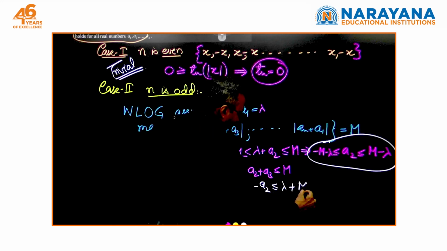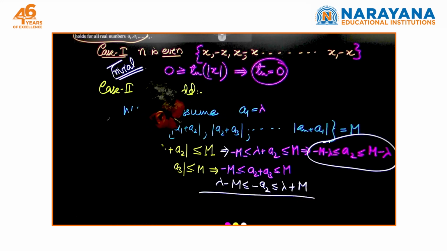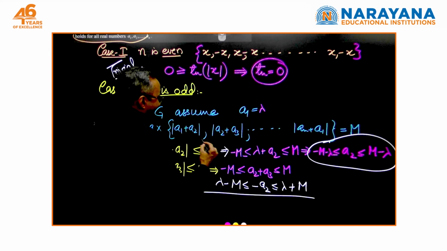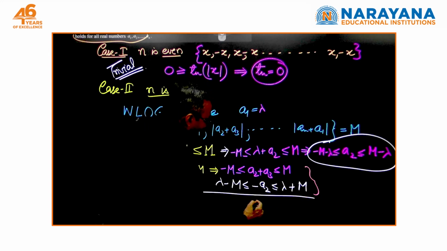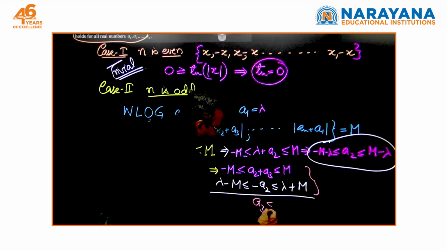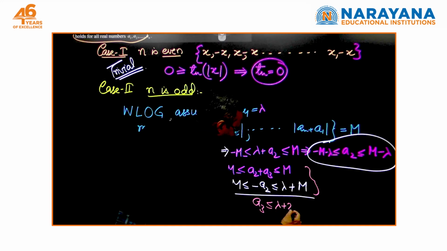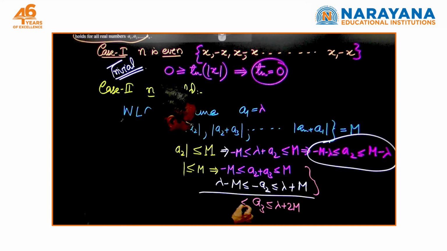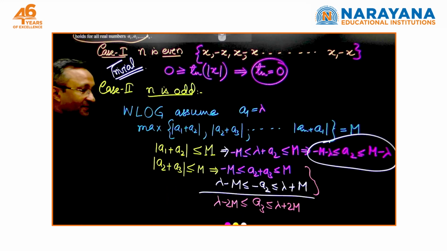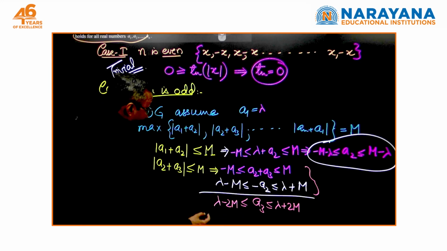And then once this happens, if you add these two, you realize a3 lies between lambda minus 2m and lambda plus 2m. Continue doing this.